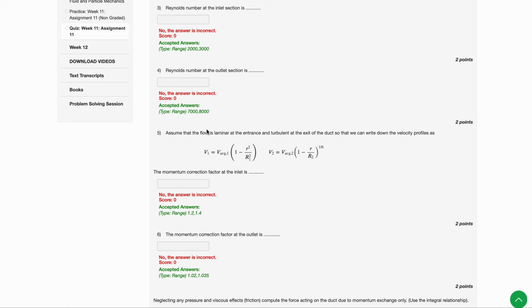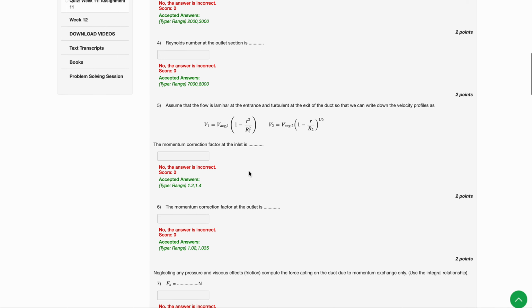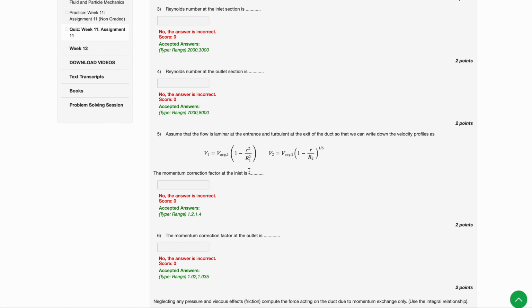Now they are asking what is the momentum correction factor at the inlet and the momentum correction factor at the outlet. So the momentum correction factor is equal to the actual momentum divided by the momentum based on the average velocity. That is how we calculate the momentum correction factor.